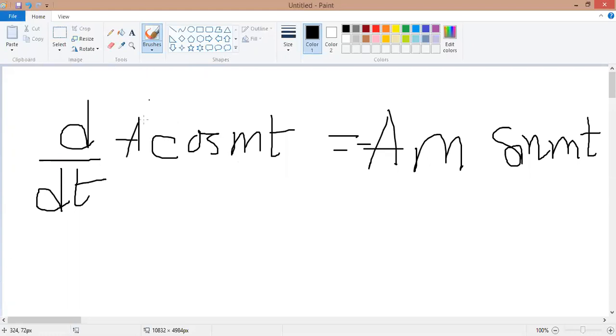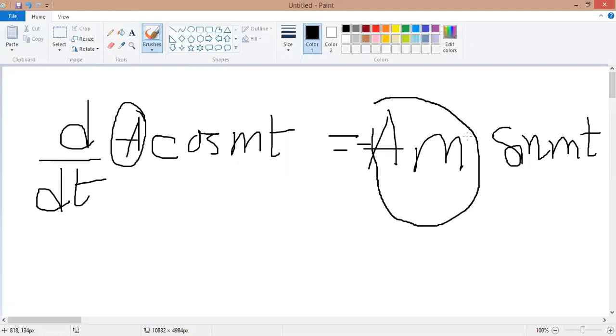And what happens is that A, which is a constant value, after differentiation is scaled by the constant term m. That means A is now scaled up or scaled down, whatever it is.